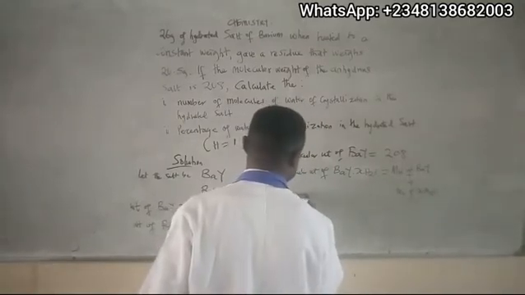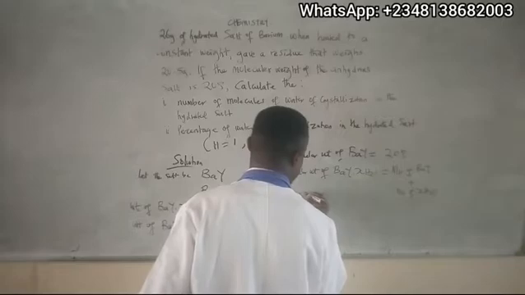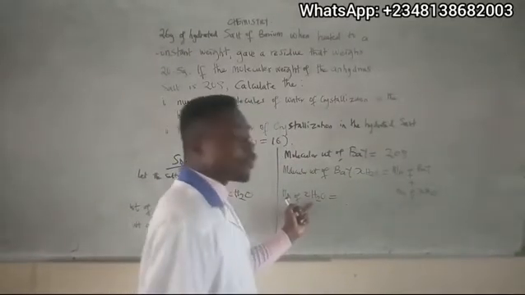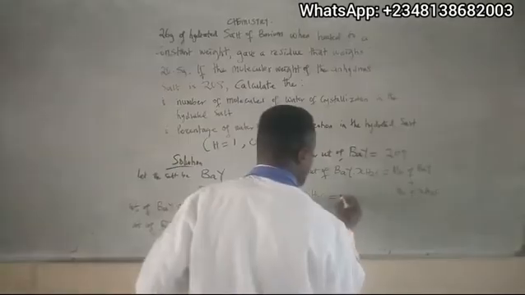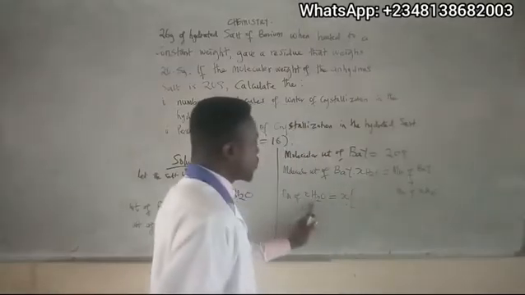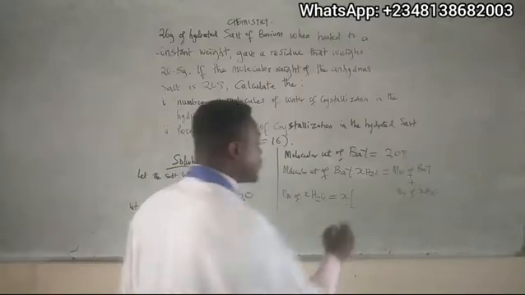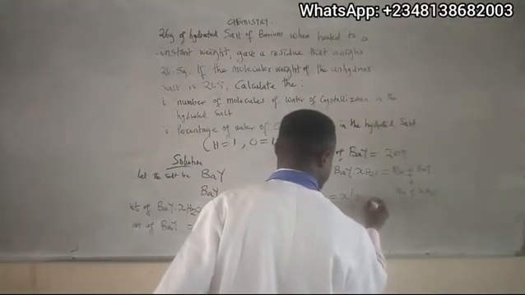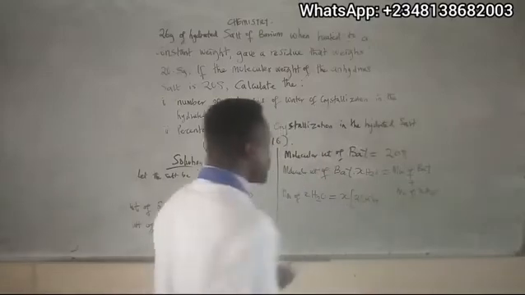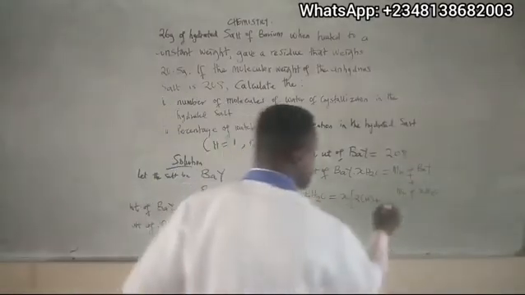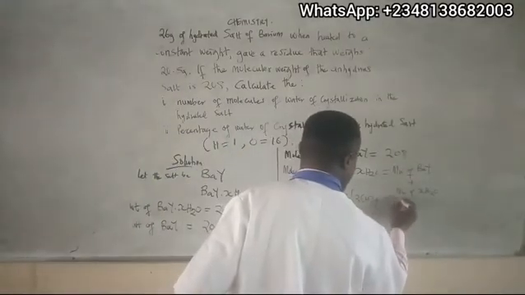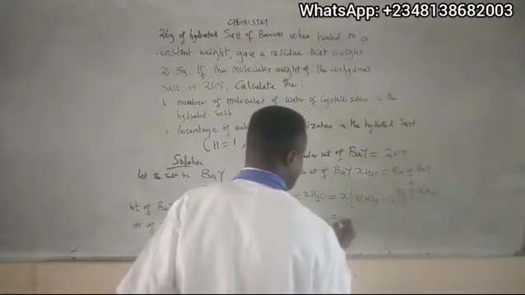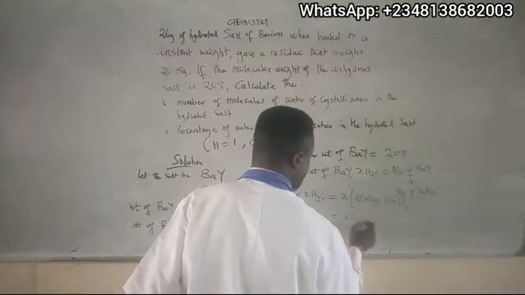Molecular weight of this will give us this. X moles of water of crystallization contains 2 moles of hydrogen atoms plus 1 mole of oxygen atom. X is still there.